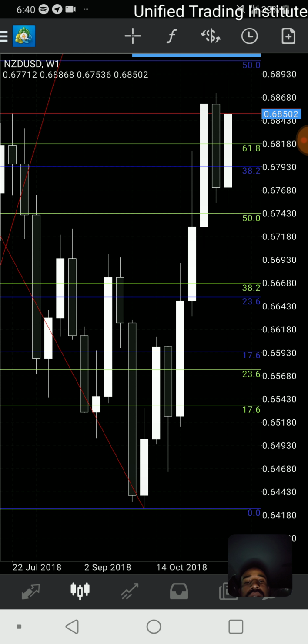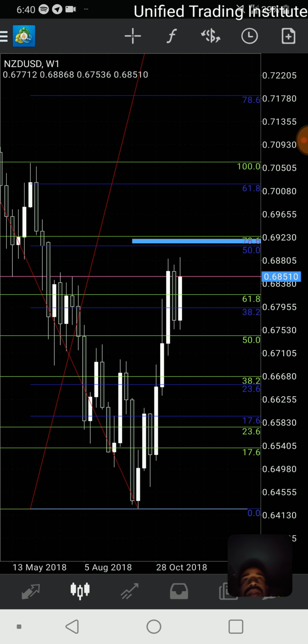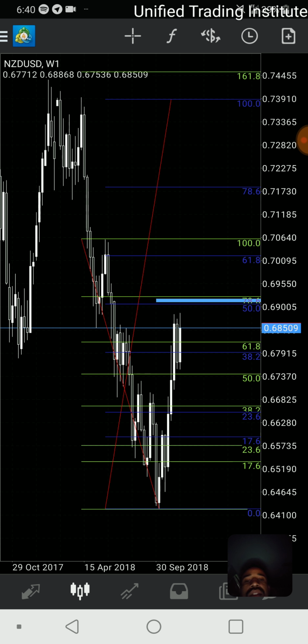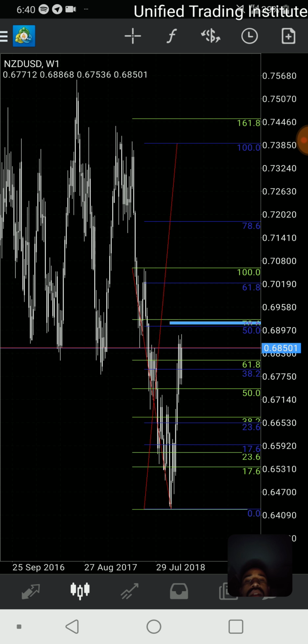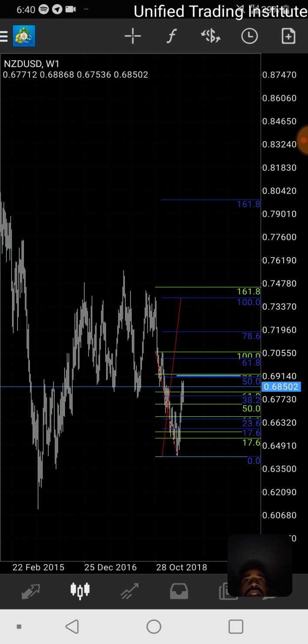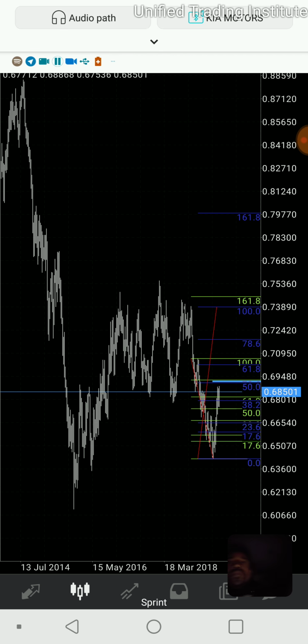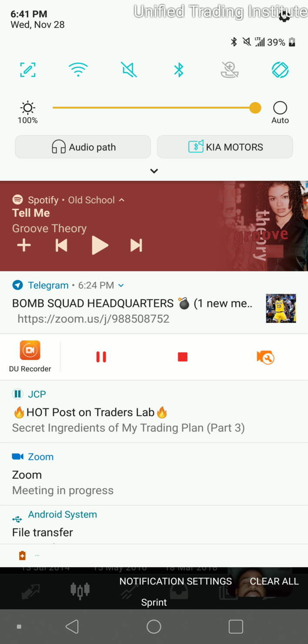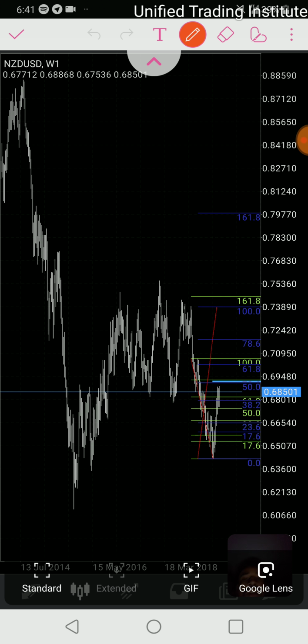There's no kangaroo tail, there's no doji candle, there's no pattern, nothing. So how could I use the data, how can I use history to know where I'm going in the future? Fibonacci retracement.